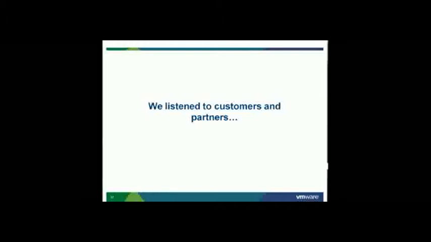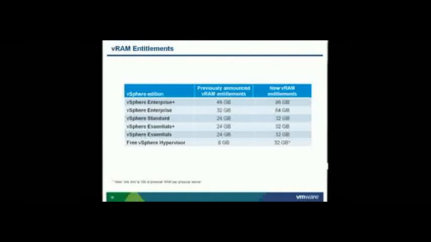Basically, the changes are that we've increased the vRAM entitlement. In some cases, we've increased it by 100%, or in the case of free, we've increased it by 3 times, or 300%, should I say.